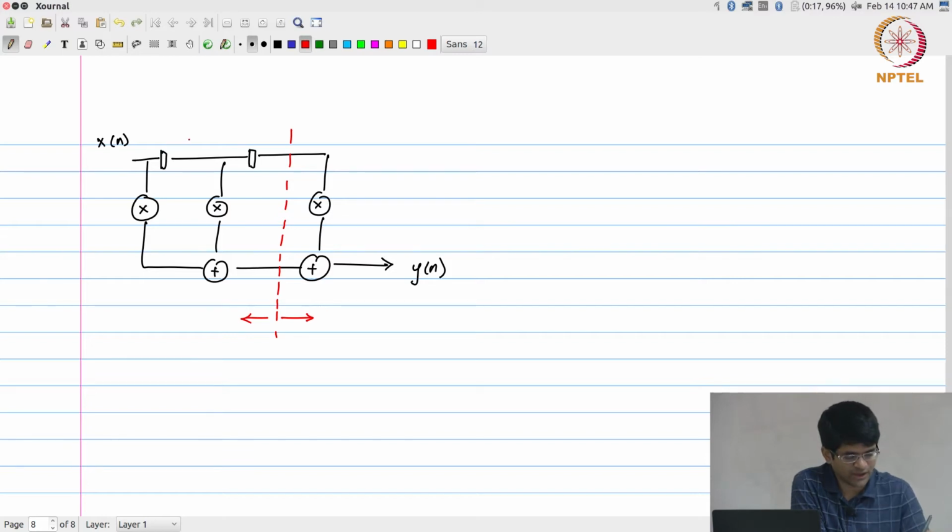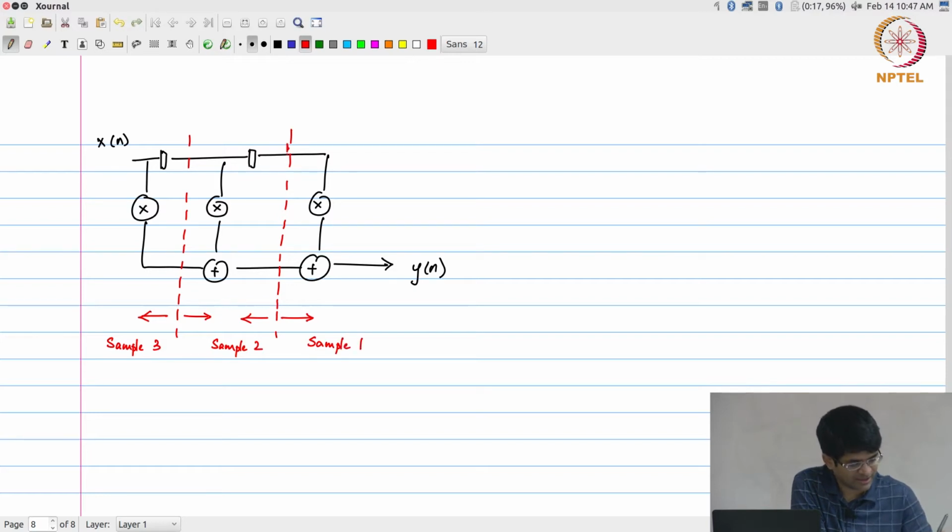I can go further and do this again over here and say that I now have 3 divisions. So, now this basically works on sample 3, this works on sample 2 and this works on sample 1.